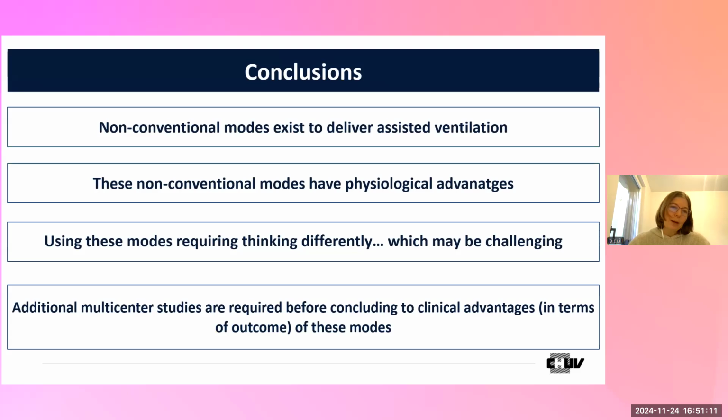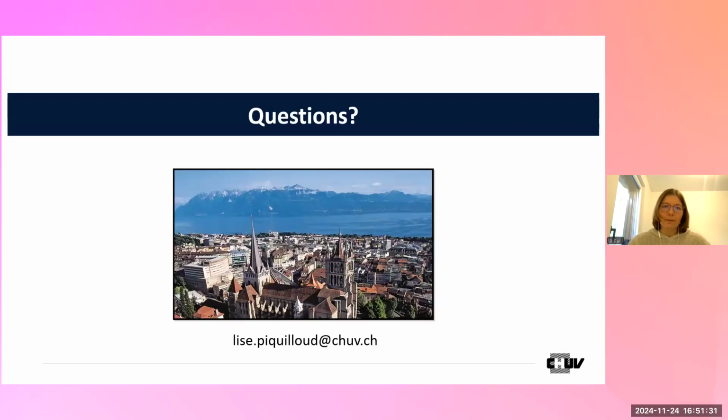Additional multi-center studies are required before concluding to clinical advantages in terms of outcomes of these modes. The physiological rationale, once again, is strong. The evidence is still lacking to be able to recommend this type of approach as standard of care.